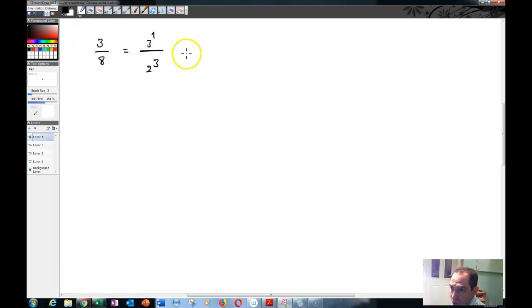So what you can do here is that you can write this as 3 raised to the power 1 over 2 cube times, for example, 5 cube, right?